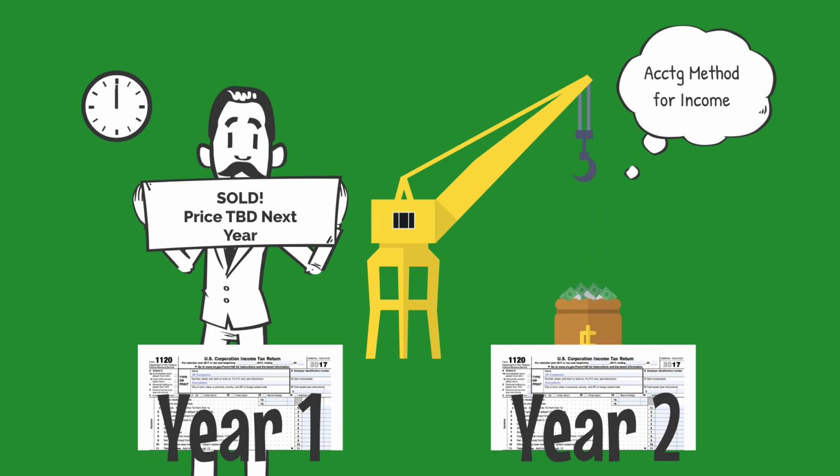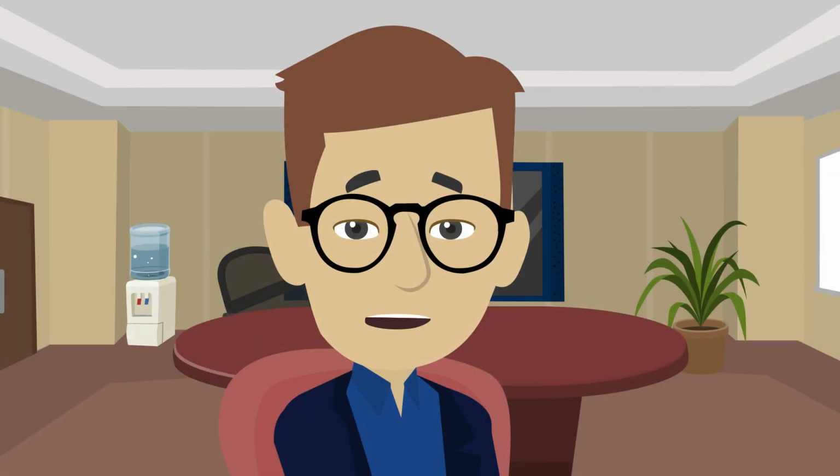Applying the all events test obviously gets a lot more complicated than we've discussed today. It can challenge even tax professionals who have been at this for many years. We can come up with fact patterns and what ifs all day long with these rules, especially if your practice involves advising businesses.